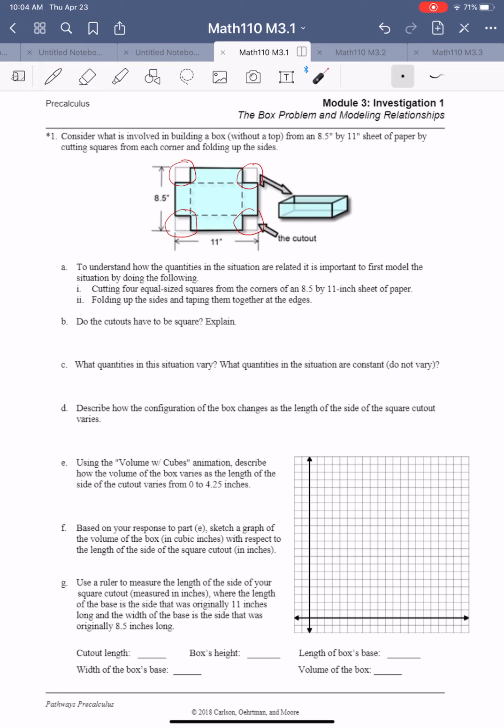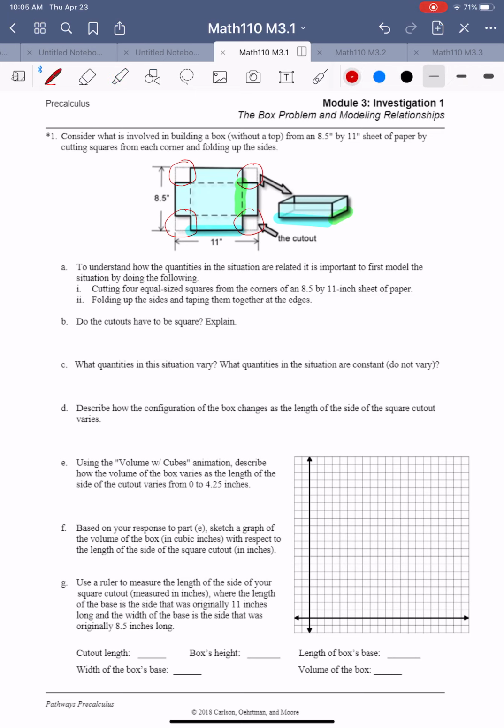Okay. And then also the 11 inches becomes smaller than 11, of course, in the box. So the amount of this piece becomes this here, and then the size of this piece becomes this one in the box.